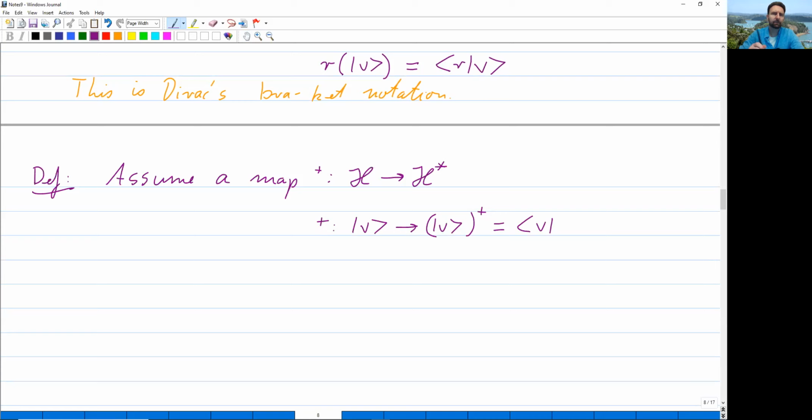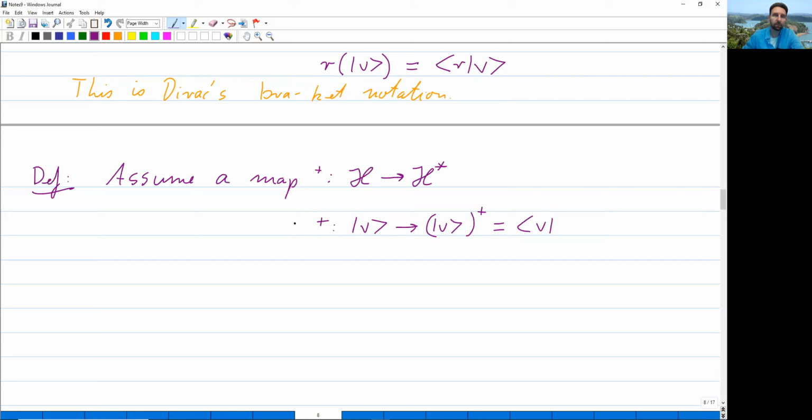So this means that if we have such a Hermitian conjugation map, then we have a correspondence between vectors in H and vectors in H star. Every vector in H uniquely maps into a vector in H star, and by tradition, we apply the same name to it. So V gets mapped into bra V, but it's a vector in the dual complex vector space, and so it should not be confused with that one.